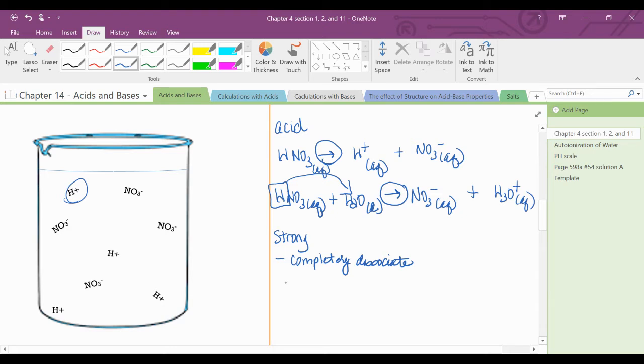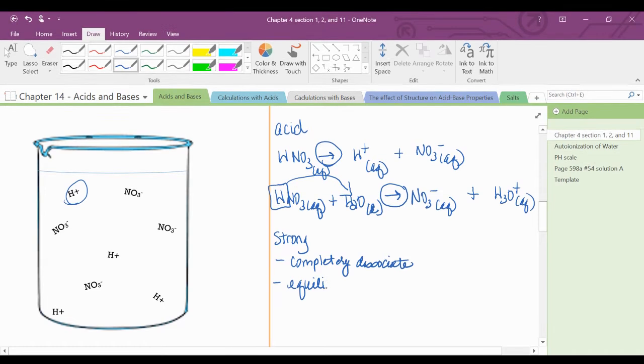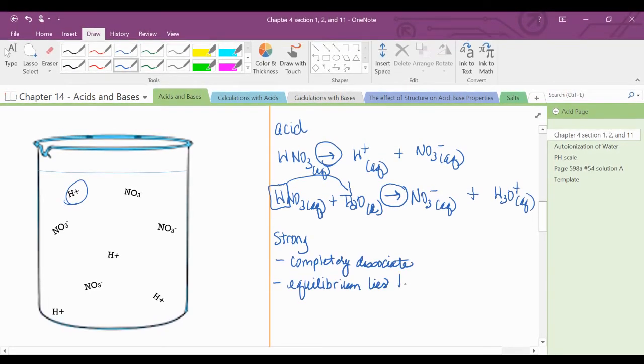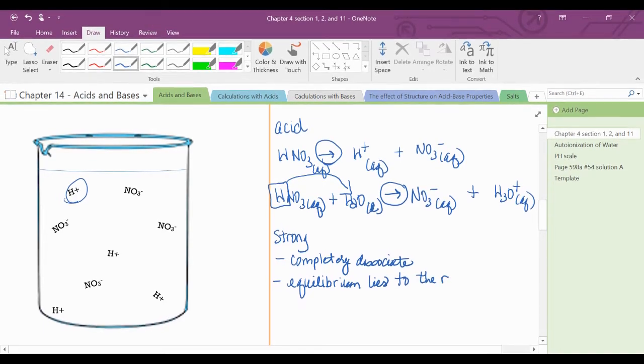So in this case, the equilibrium is going to lie to the right. So this tells us that only ions are going to form in solution. And these have really large Ka values. So actually they're so large we don't even list Ka values for these because they only make product.